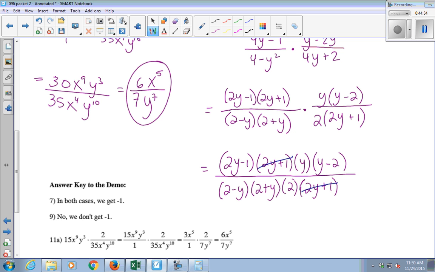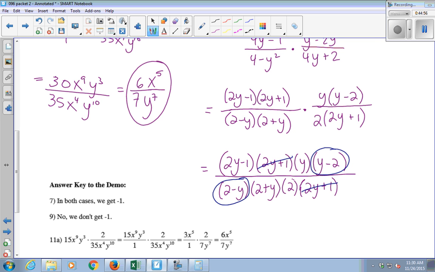The y minus 2, and which other one? The 2 minus y. You have to look for the subtraction order to have changed. So y minus 2 and 2 minus y. So those two reduce to a negative 1.